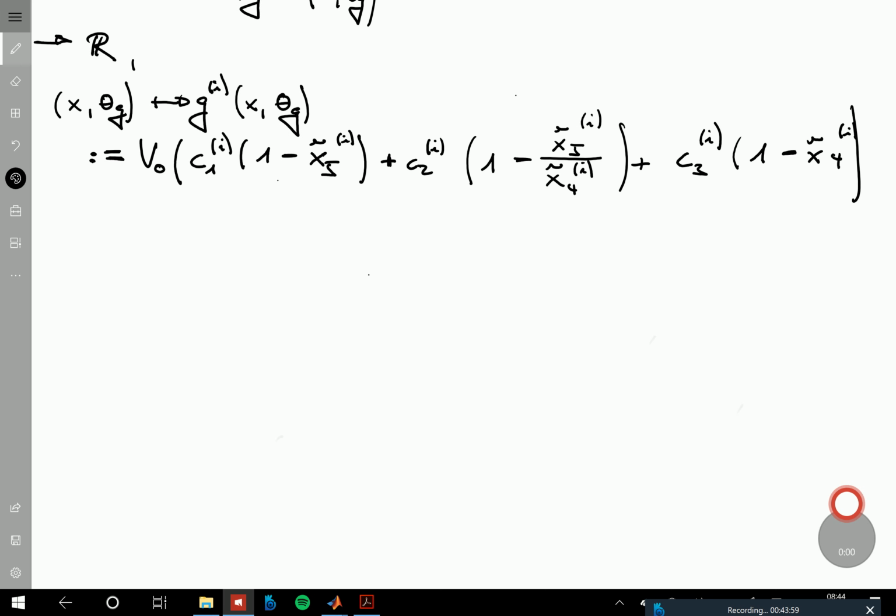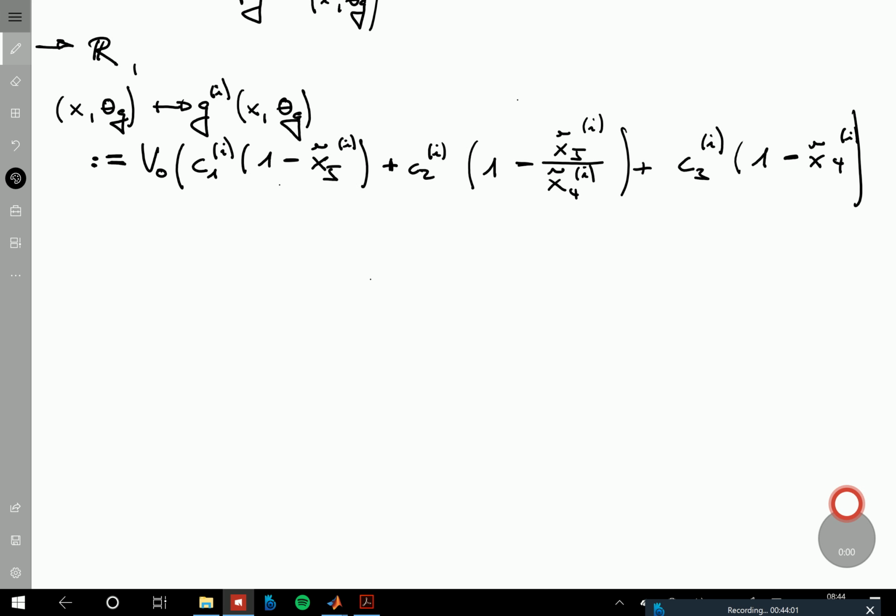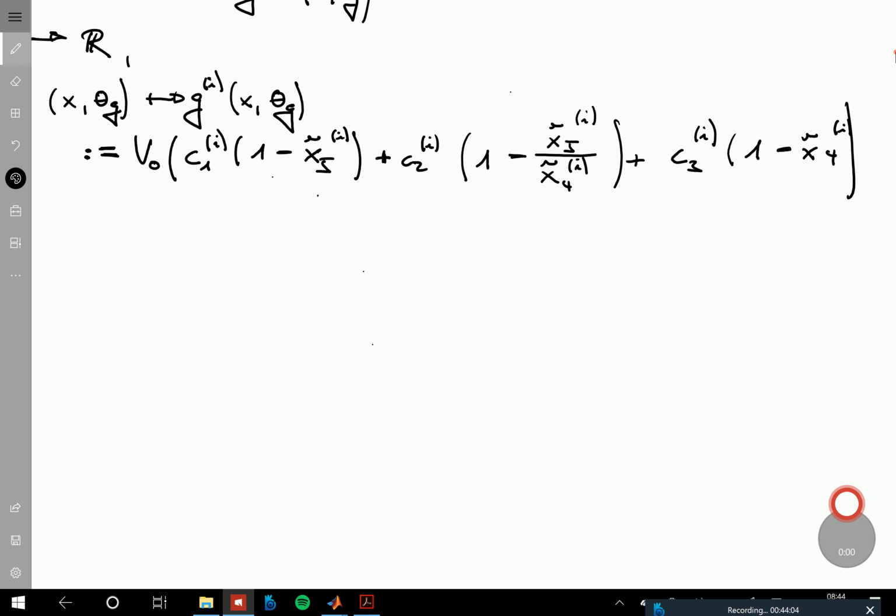And in addition, let's just notate that here: that's the oxyhemoglobin divided by volume, and this is the volume.